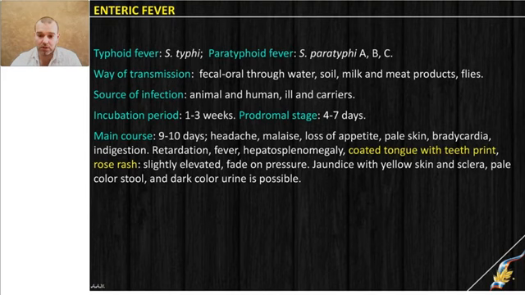Symptoms of toxic shock will appear as pale skin, decreased heart rate, and in severe cases retardation with the fever and hepatosplenomegaly are possible. A unique symptom of enteric fever is a coated tongue with teeth prints on the surface, and in some cases roseolar rashes can appear on the skin.